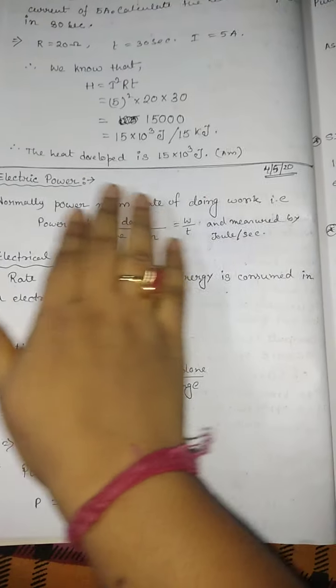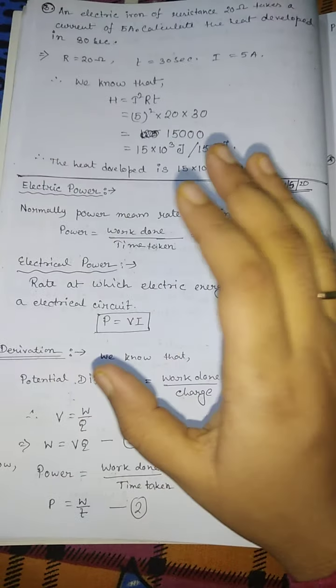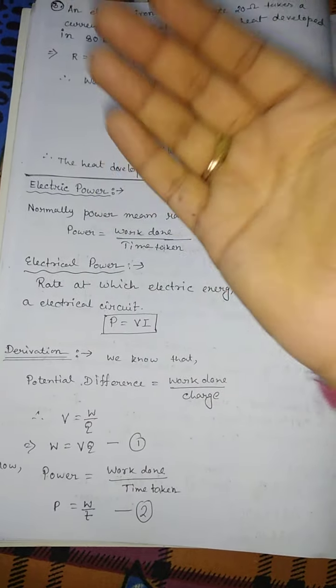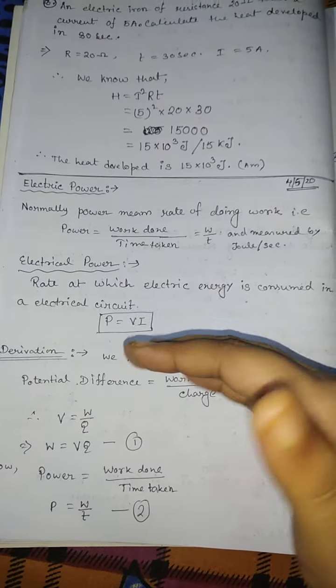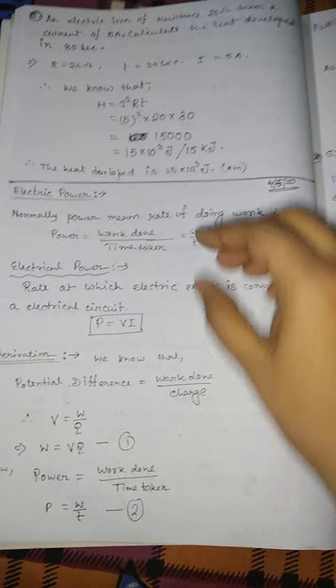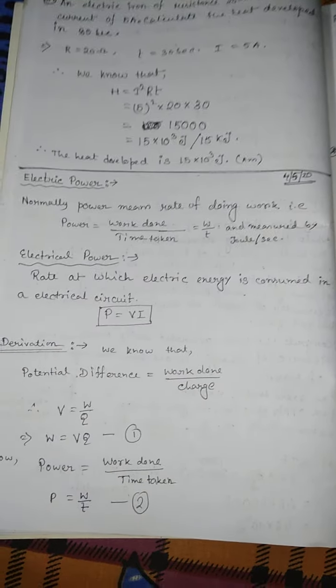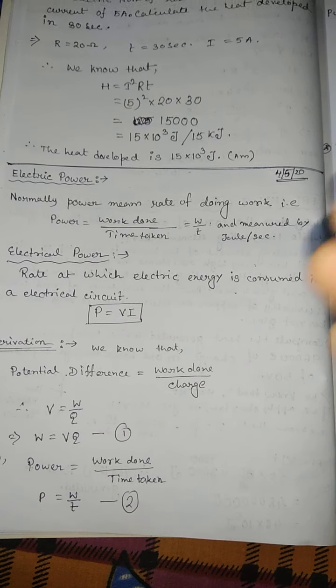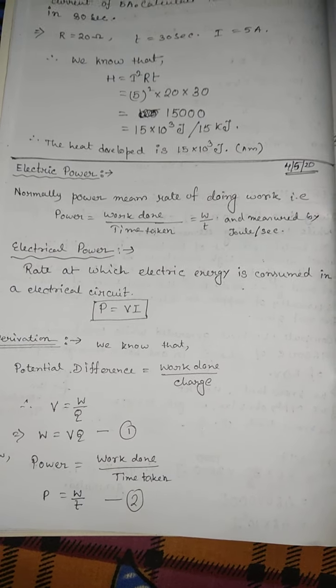Clear? The meaning of power is the same in both cases, normally and for electrical power in the electricity chapter. We just use the expression according to the information we have in the problem.